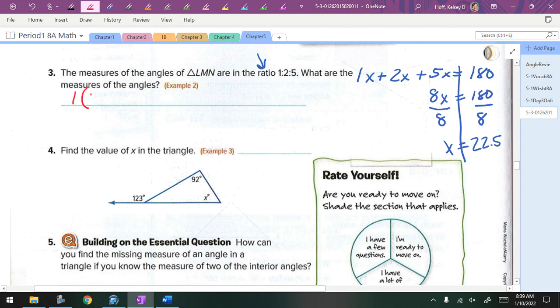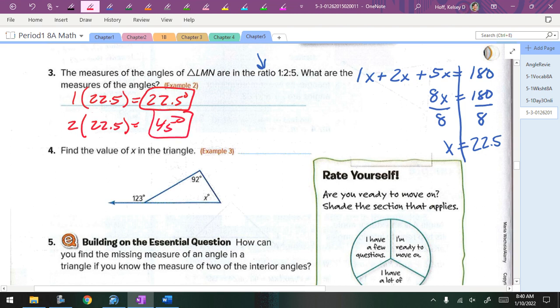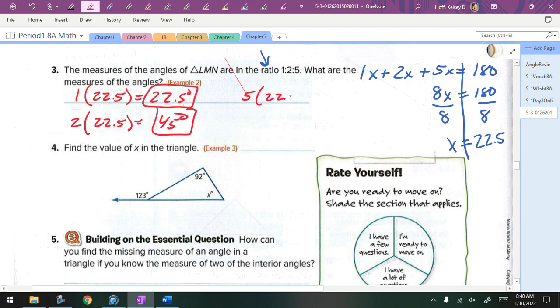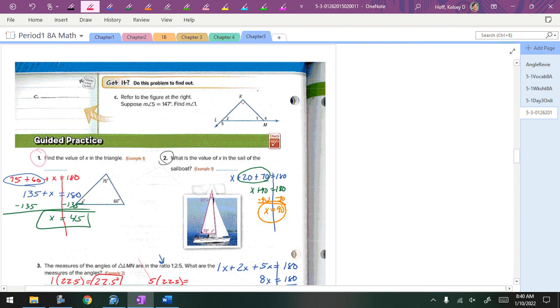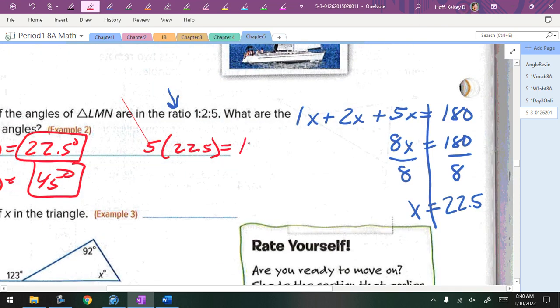1 times 22.5 equals 22.5. 2 times 22.5 is, say it again, 45. And then 5 times 22.5 is 112.5.